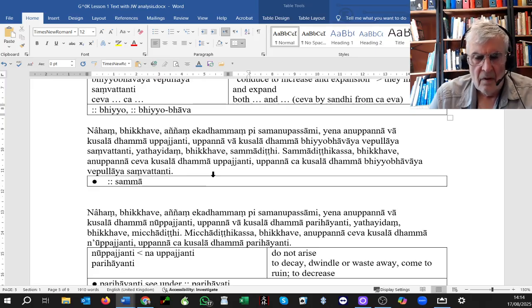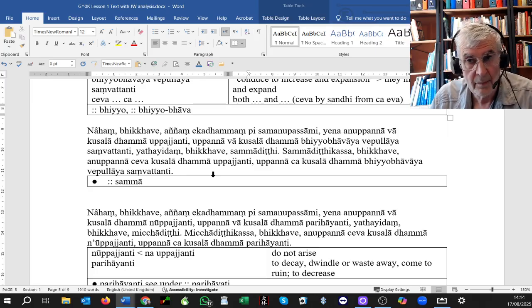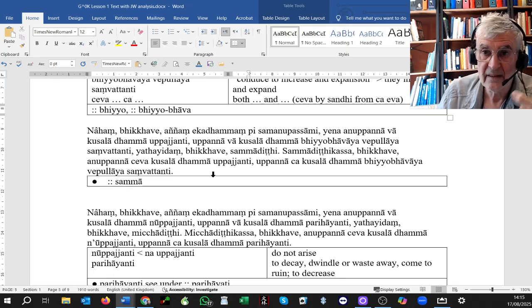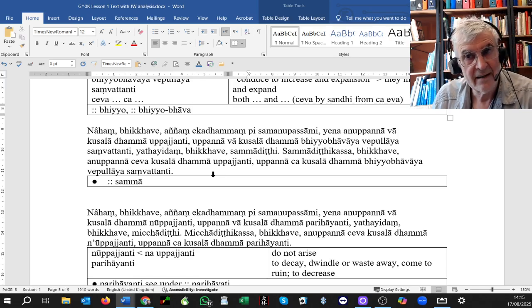So this reflects almost word for word the previous paragraphs, but saying what happens to the person of right view. We've had micchaditthi and the micchaditthika, a person of wrong view. We have sammaditthi, right view, and a sammaditthika, meaning a person of right view.